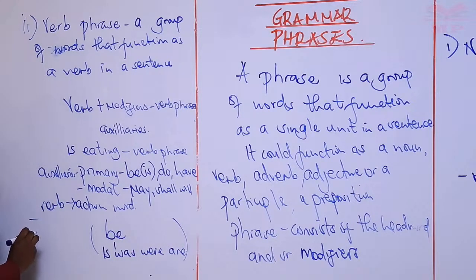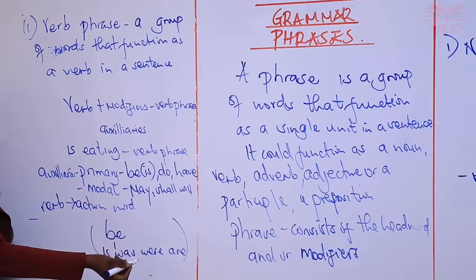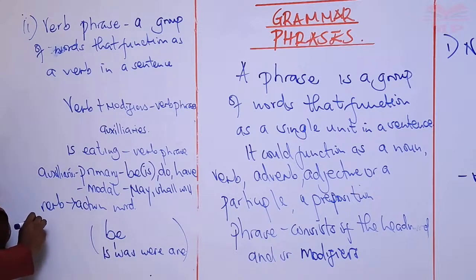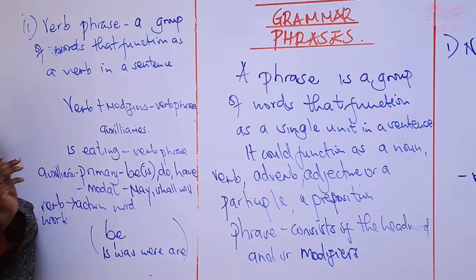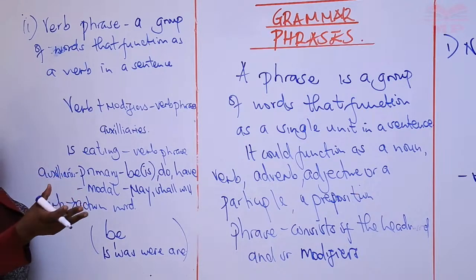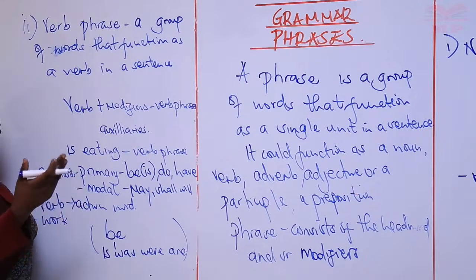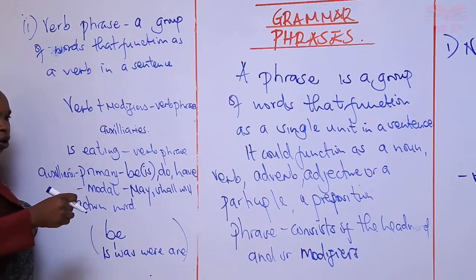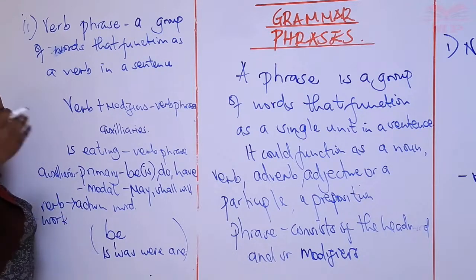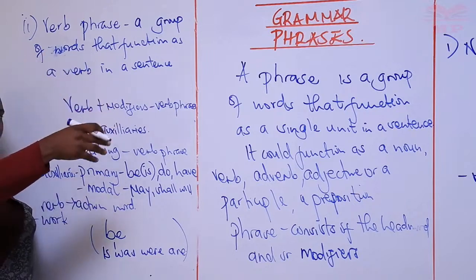Now, another main verb could be work. So you can't say, "John work there." You must say, "John is working there." So that gives us the state. Which state is it? Is he working now, or was working, or is working, or is still working? You know those words.